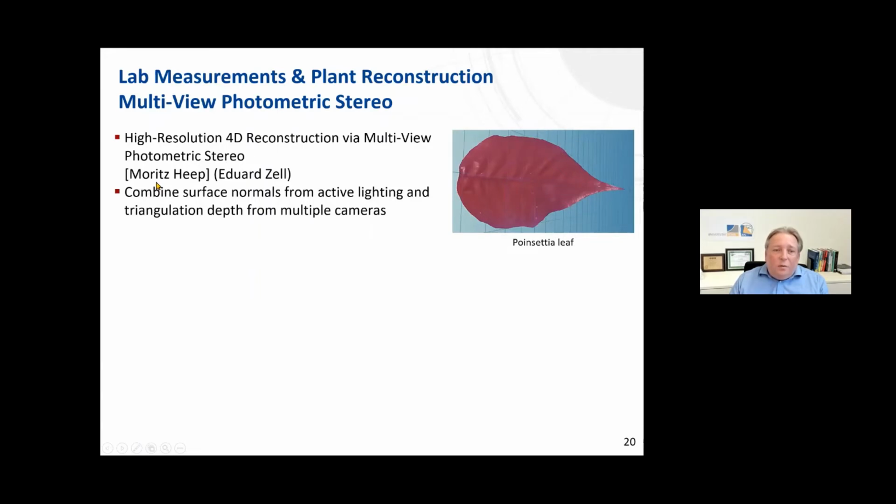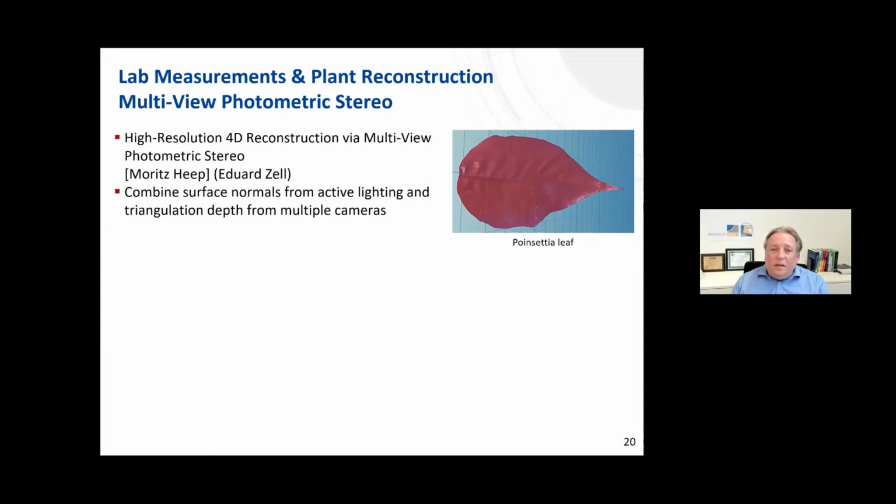Moritz, who is also supervised by Eduard, looks at photometric stereo. So the idea here is to actively light surfaces from different directions, and then one can estimate directly the surface normals.